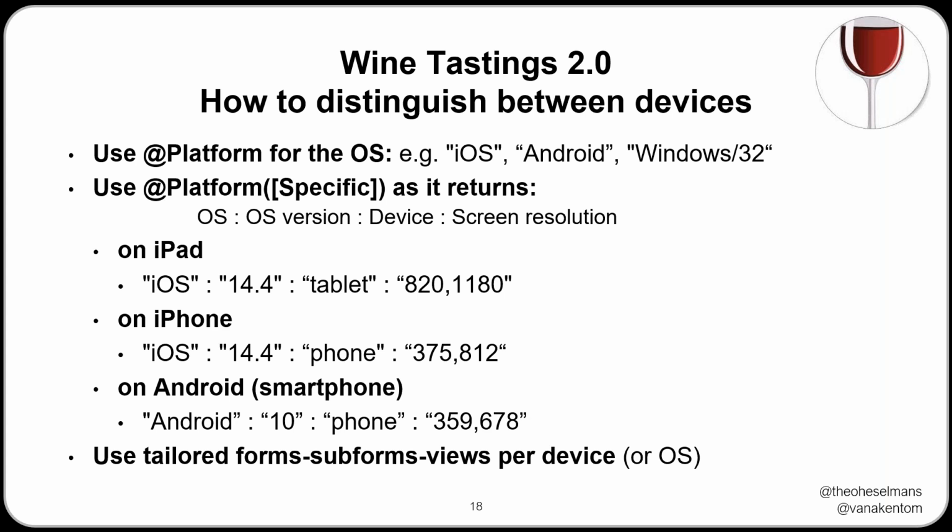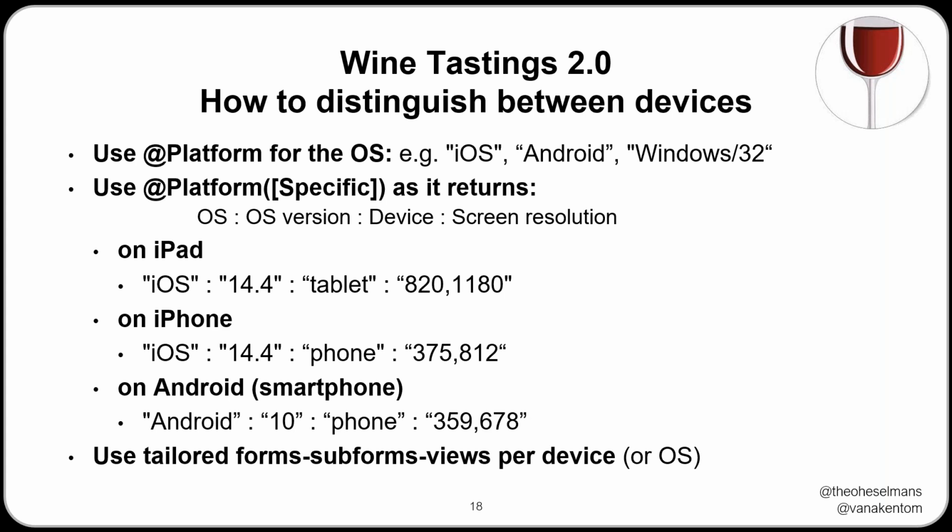First you got the OS itself, which is the same as @Platform without specific, and you can see below how it looks on the iPad, iPhone, and on an Android smartphone. The second part of the list is the OS version, which could be useful if there are some things we support only on a specific version of the OS. Then you can check this.